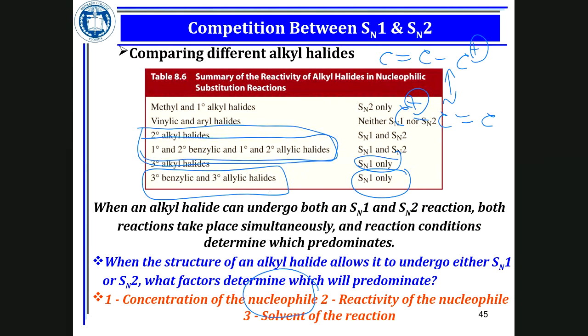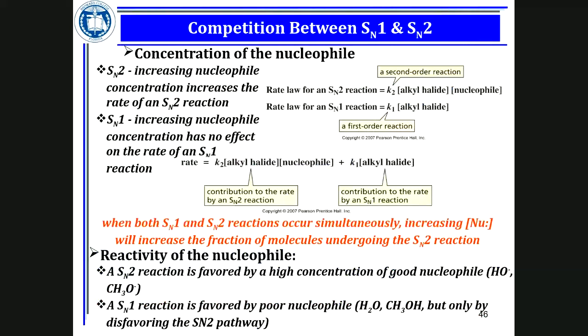You increase the concentration of the nucleophile, it can go to Sn2. For the reactivity of the nucleophile, a stronger nucleophile is going to promote Sn2, and the solvent can also affect Sn1 or Sn2.